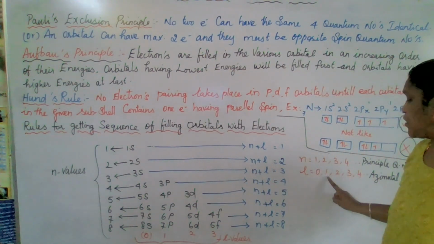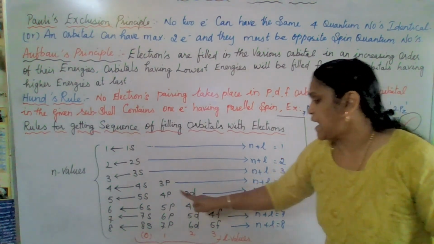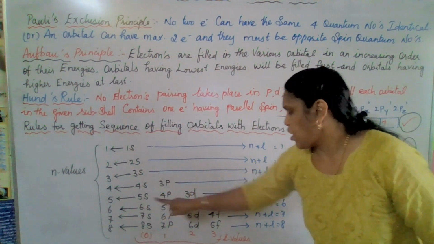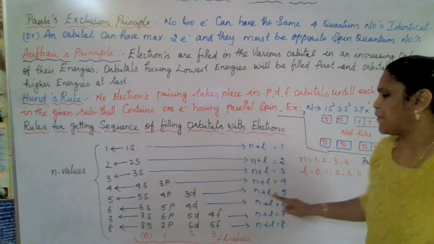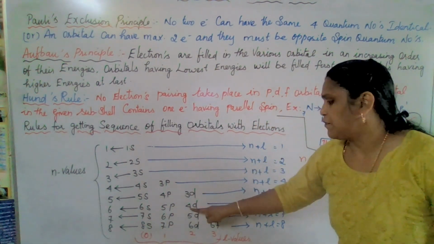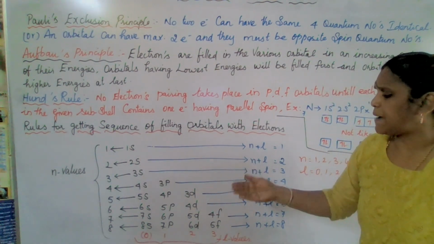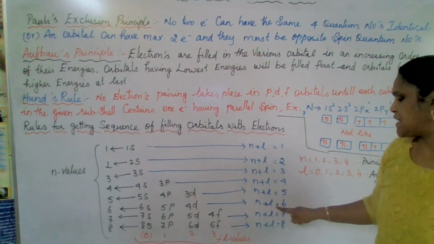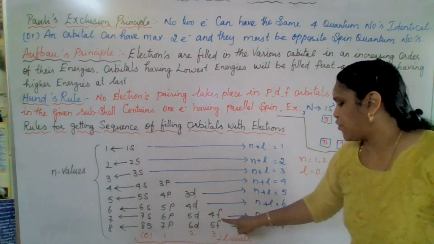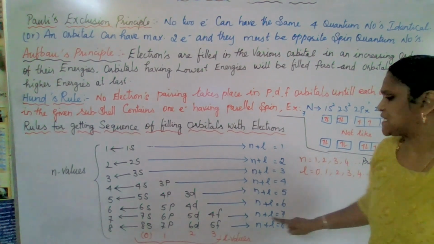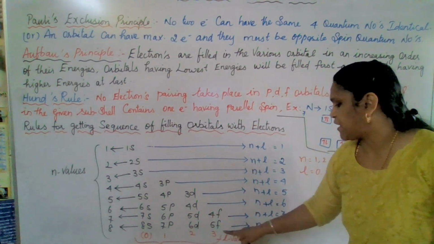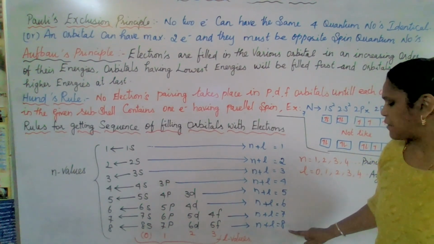So n plus L equal to 5 for 5s 4p. Then 6s, 5p, 4d: always one number lower, and n plus L equal to 6. 7s, 6p, 5d, 4f: n plus L equal to 7. And 8s, 7p, 6d, 5f: n plus L equal to 8.